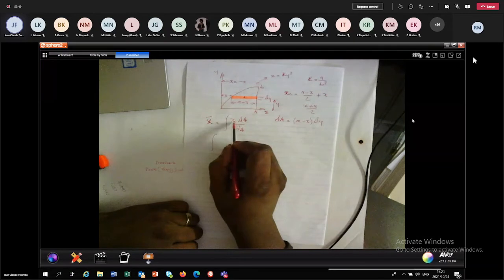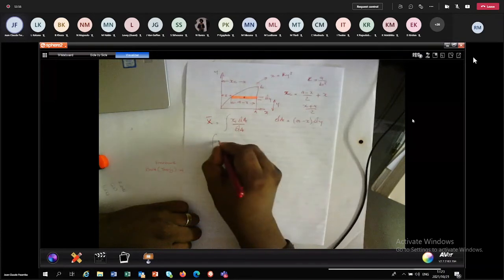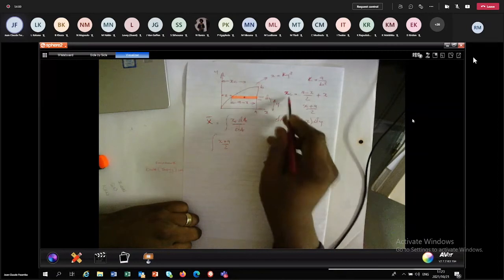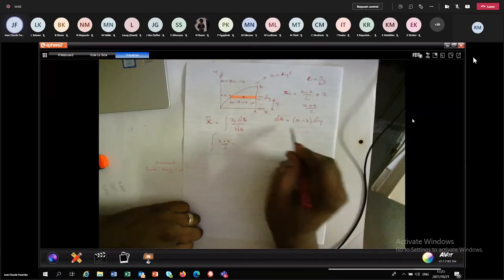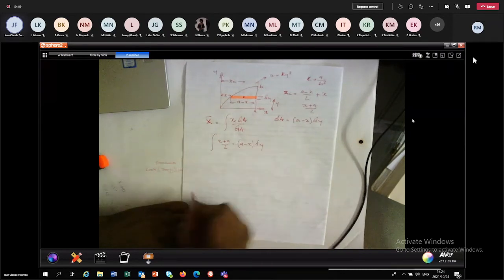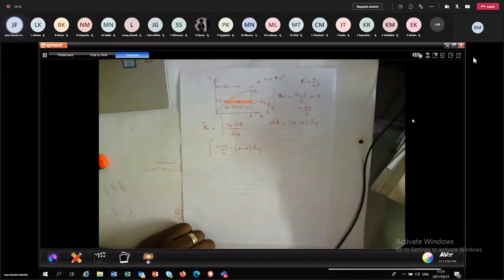Integration of now xc. What is xc? I've got it here. It will be (x plus a over 2), which is my xc, multiplied by the area, which will be (a minus x) dy. So now in terms of limits, I'll use the same approach.